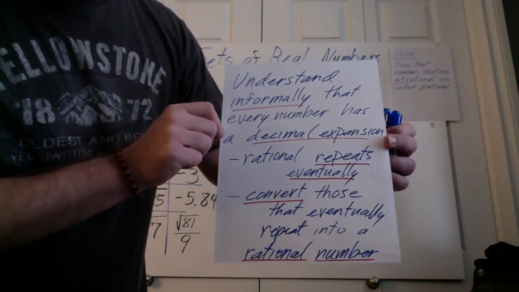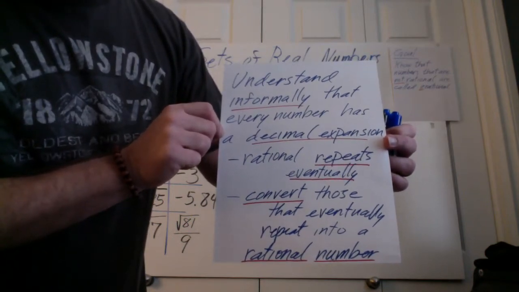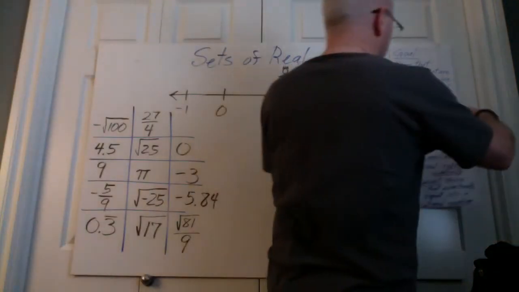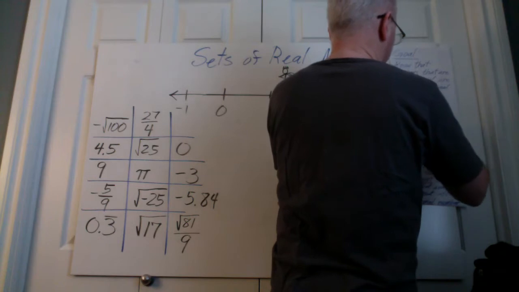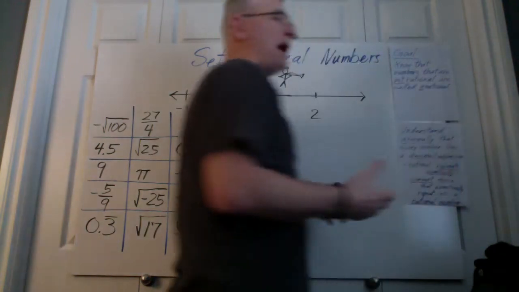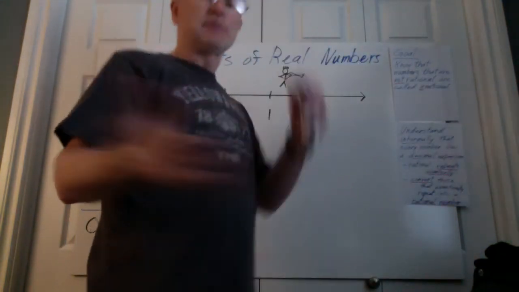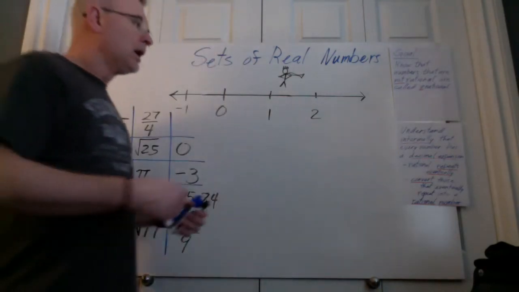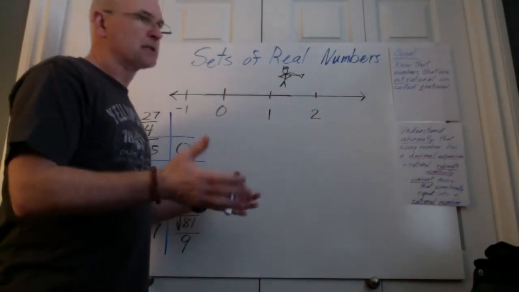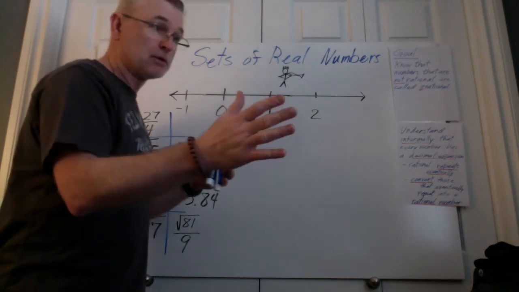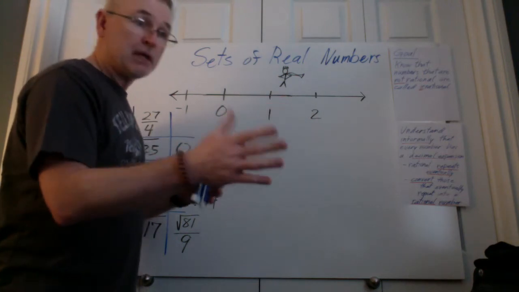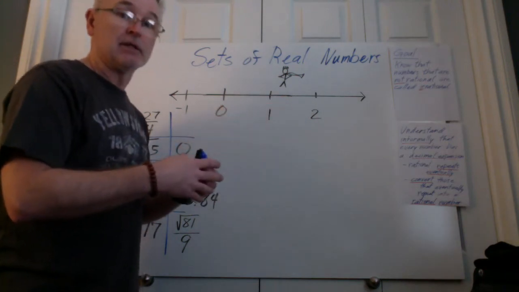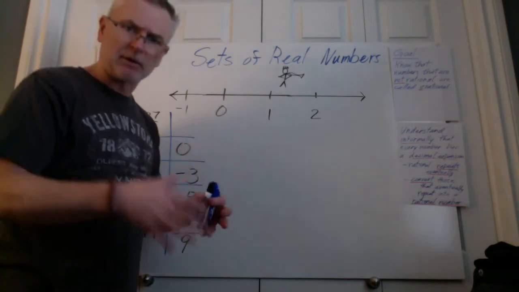We're going to be able to convert those that eventually repeat into a rational number. So basically, what we're looking at is, do all numbers have a decimal expansion to them? What if that decimal expansion is all zeros? What if it repeats? And what if it doesn't repeat? That's really what we're concerned with here.